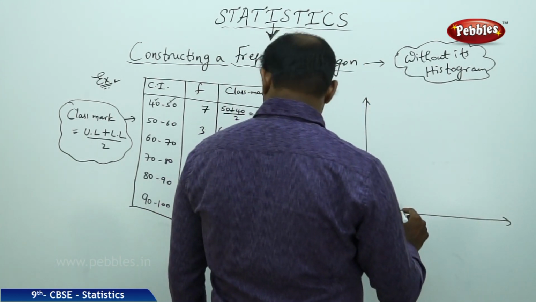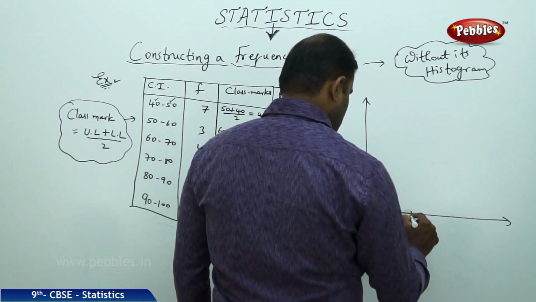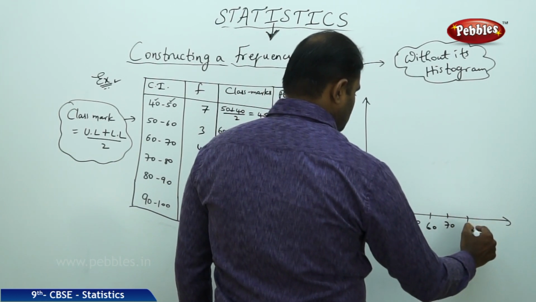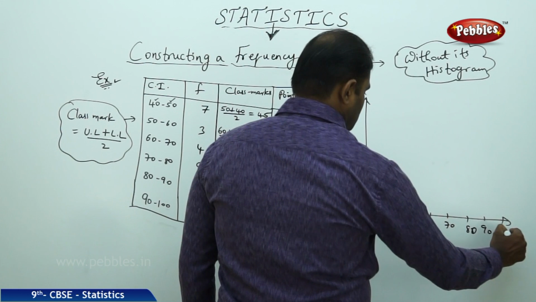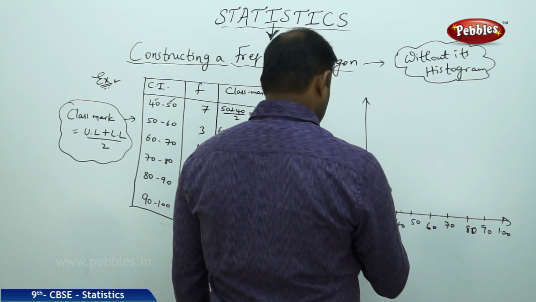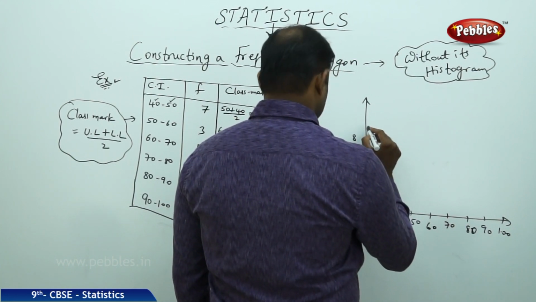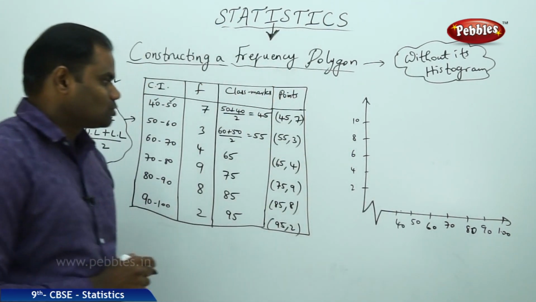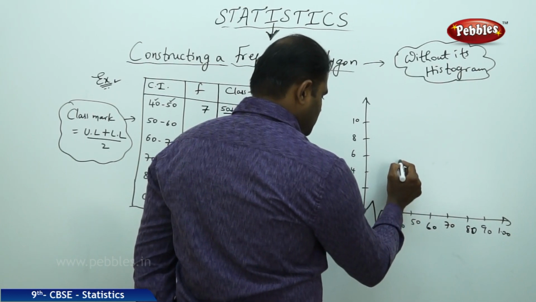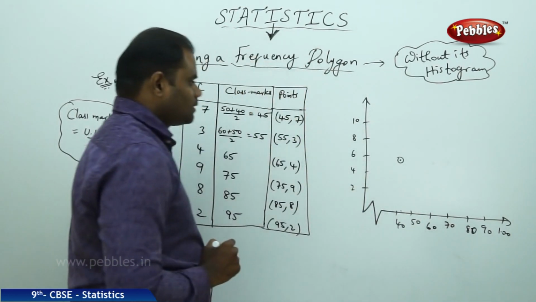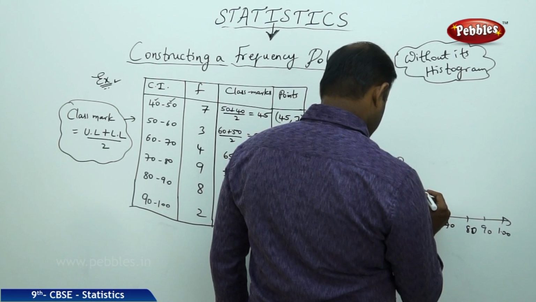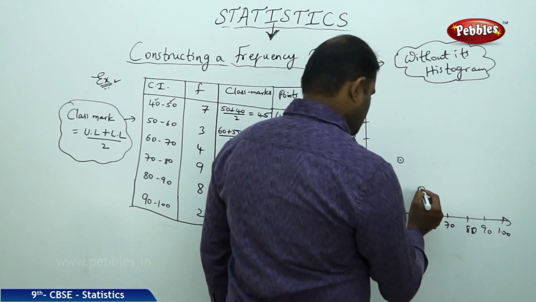So I pick the marks 50, 60, 70, 80, 100, and 6, 8, 10. The first point is 45, 7, which lies at 45 and approximately here. Next, 55 and 3, which lies here.